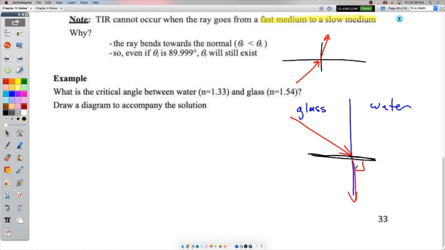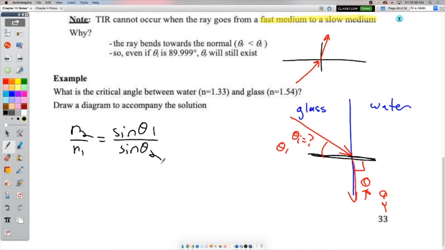We want theta refraction, or theta 2, to be 90 degrees, and we want to know theta incident, theta 1, when that happens. So it's just Snell's law: n2 over n1 equals sine theta 1 over sine theta 2. We're asking, what is theta 1 when theta 2 is 90 degrees?